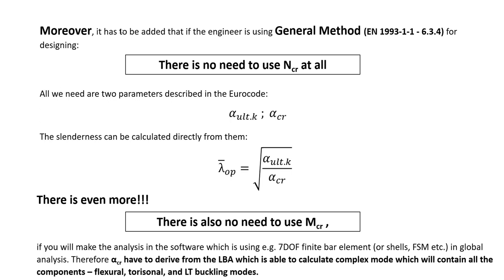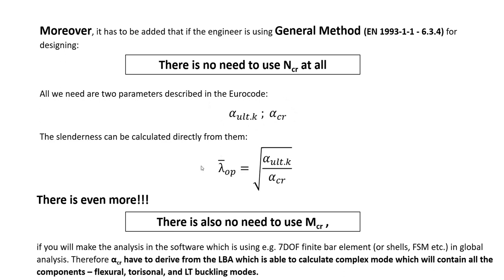If the engineer is using the general method implemented in the Eurocode in section 6.3.4, there is no need to use critical force at all. All that is needed are two parameters described in the Eurocode as alpha ultimate and alpha critical. And from these two parameters, he can obtain the slenderness.